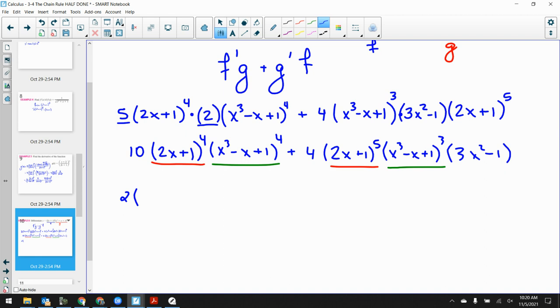Well, I've got a 2x plus 1 to the fourth, right? And then pull out as many x to the third minus x plus 1s as we can. So it looks like I can pull out 3 of them.